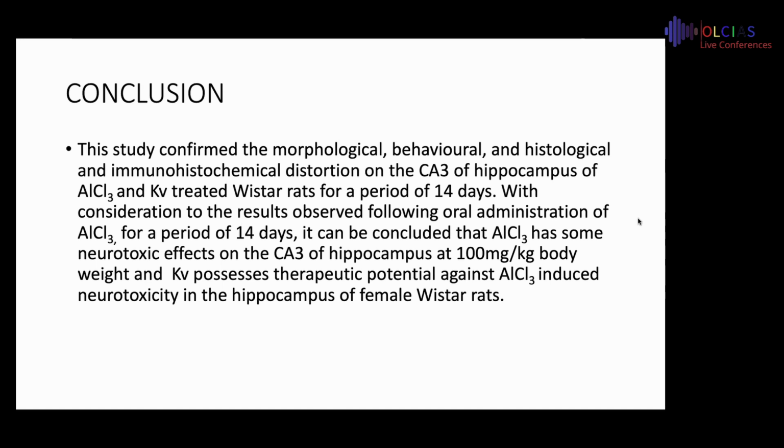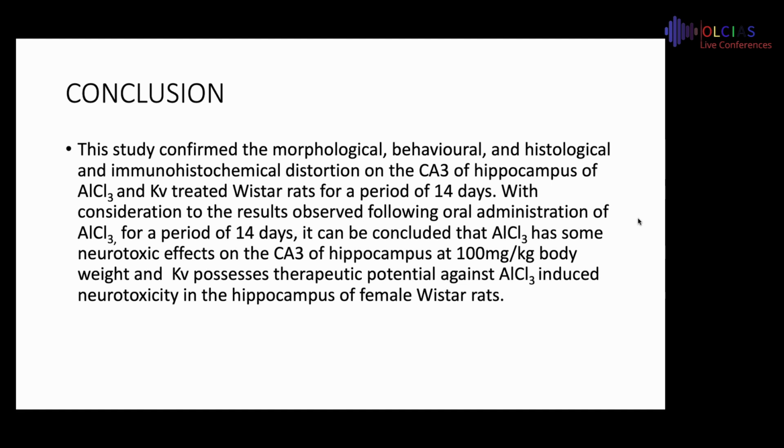You can see that Kolaviron also possesses therapeutic potential against aluminum chloride induced neurotoxicity in the hippocampus of female Wistar rats. So from our results and everything we've carried out, you can see that group E, which is the aluminum chloride and Kolaviron group, undergoes a sort of recovery stage back to the normal state.